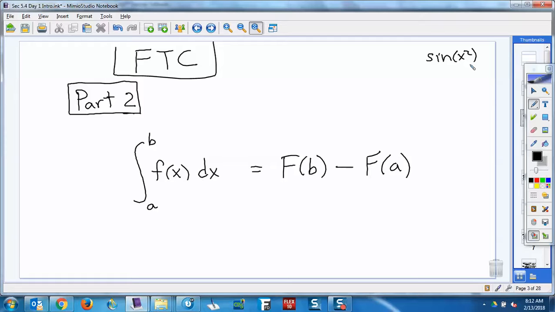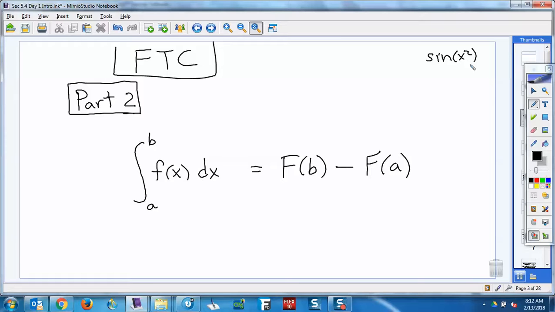We just would not be able to find it using this, because this means you have to do an antiderivative of that function, and there is no equation that when you take the derivative of it gives you sine of x squared. And so therefore, there's no antiderivative of sine of x squared. So this is not going to work.